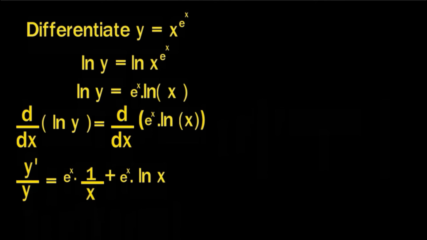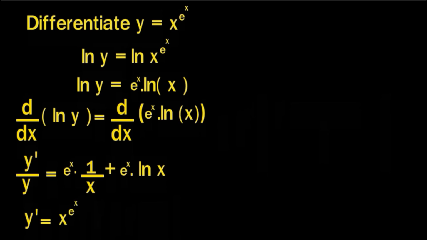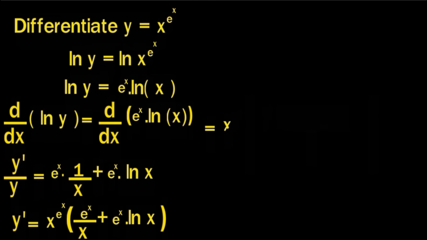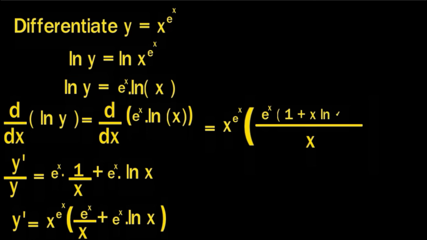So the answer will be y prime equals x to the power of e^x times (e^x over x plus ln x times e^x). Now you want to rewrite it so that it looks nicer. You will have x to the power of e^x times e^x times (1 over x plus ln x), or e^x (1 plus x ln x) over x. So this is what you will get.